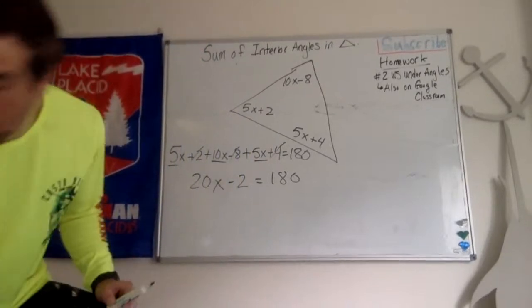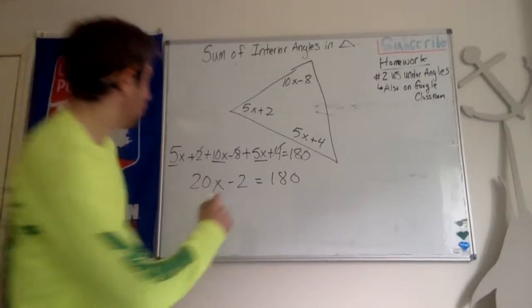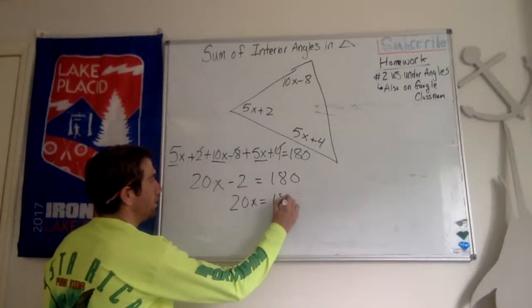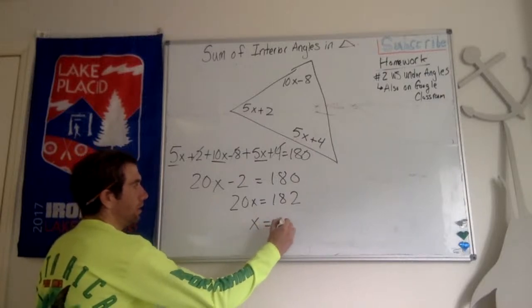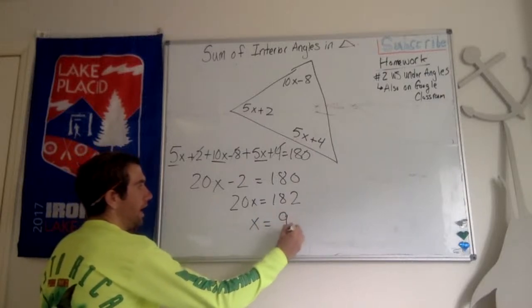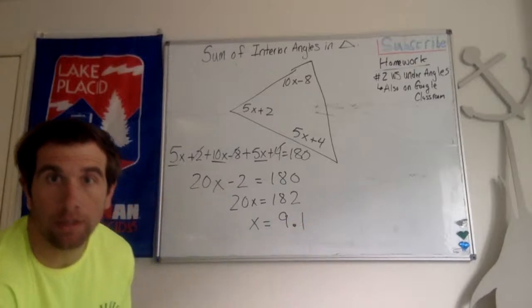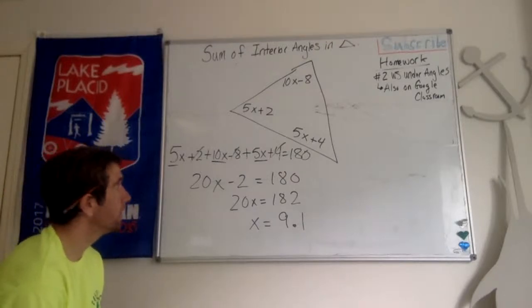Then add 2 to both sides. So 20x equals 182. And then x is going to equal 9.1. Yes, 9.1.